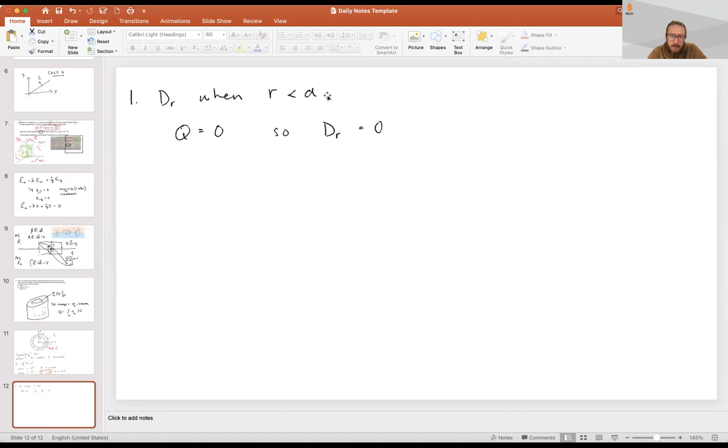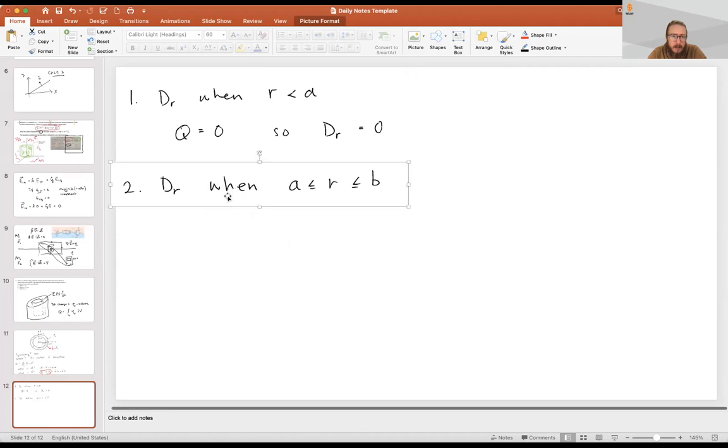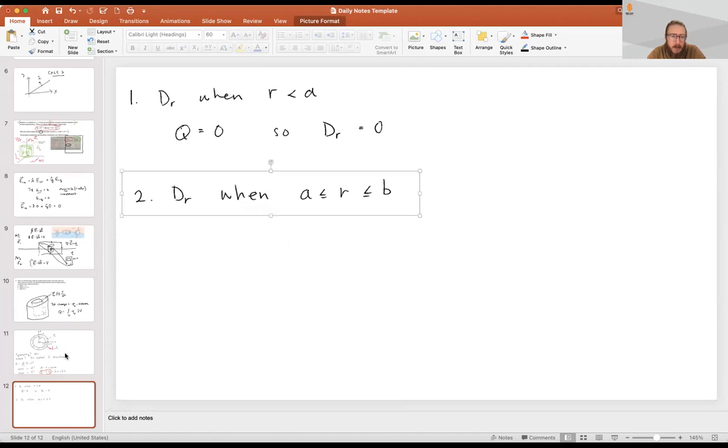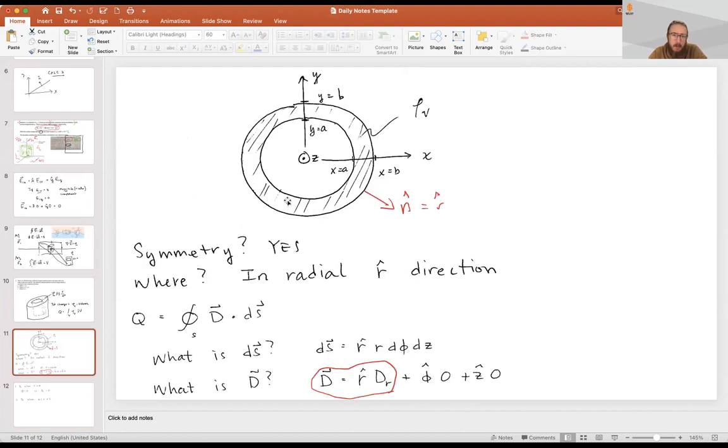Now for the second part, let's find the magnitude of the electric flux density when we're in this region where all the charges exist.